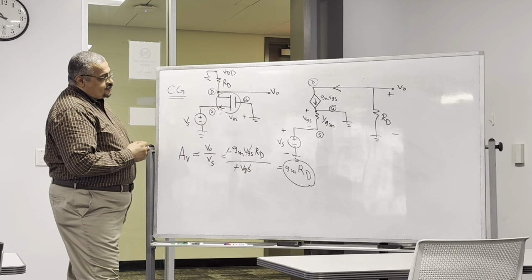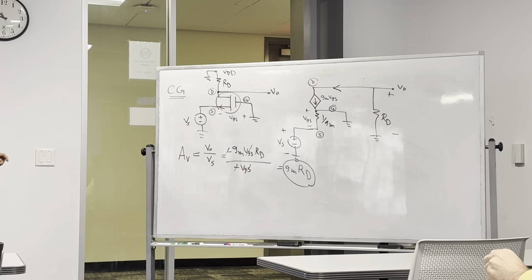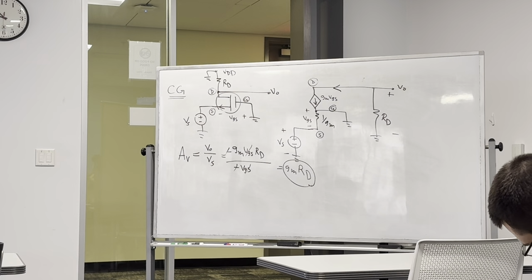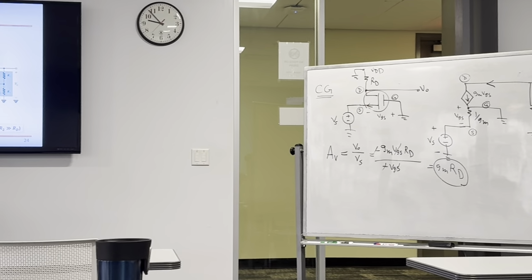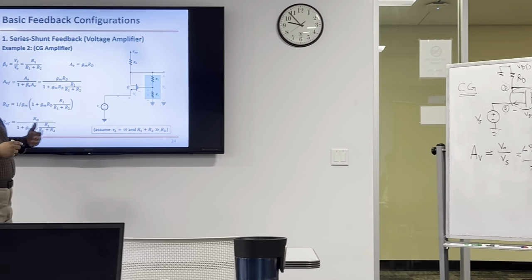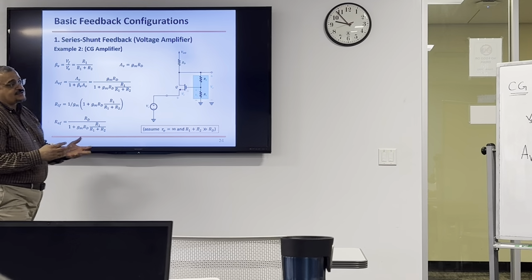However, we decided to do this circuit to make this amplifier more robust: increase the bandwidth, improve the input and output impedance, reduce the nonlinearity, increase the immunity to noise, and so on.